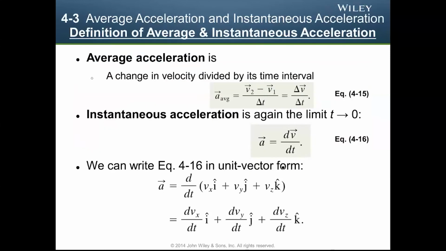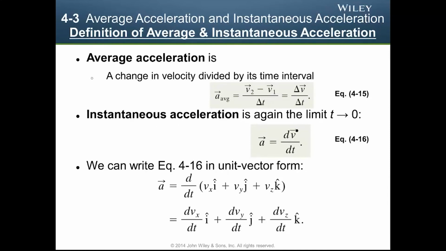Okay, now we're doing average acceleration, and we're looking at that as the change in velocity divided by the change in time. If we go to the instantaneous acceleration, then we're taking the derivative. So that's a single unit time. And this works exactly the same as what we just did with the position and the instantaneous velocity, right?